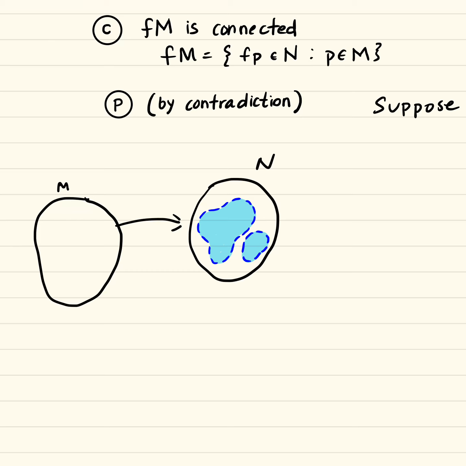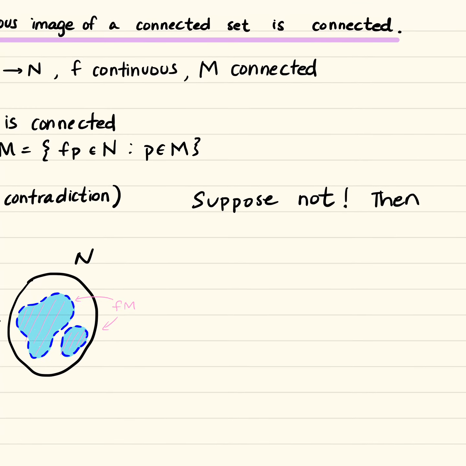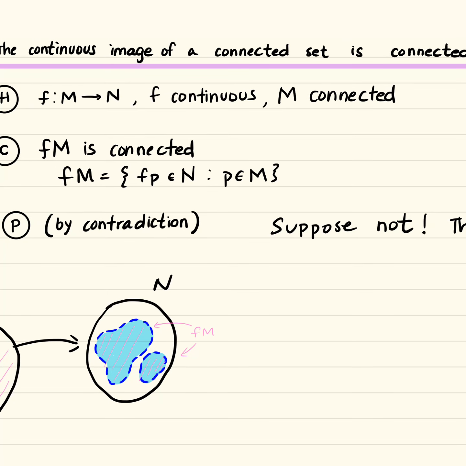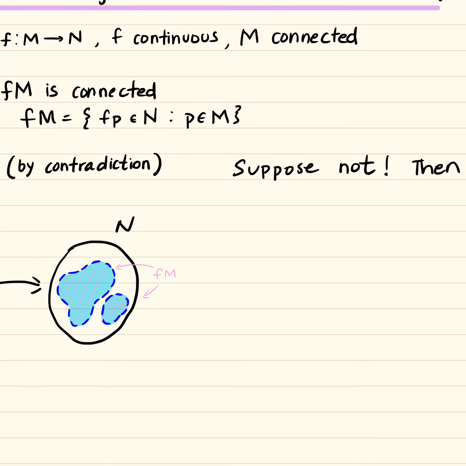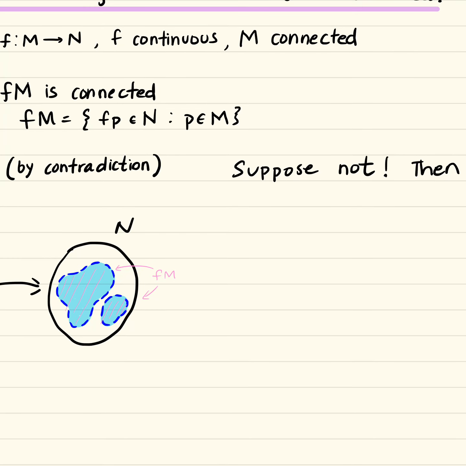I have a little sketch here, and we're saying suppose this is m, and this is f of m. For our proof, we're going to suppose that it's not the case that f of m is connected. That means, so I've drawn a picture where I've got two components or two parts.